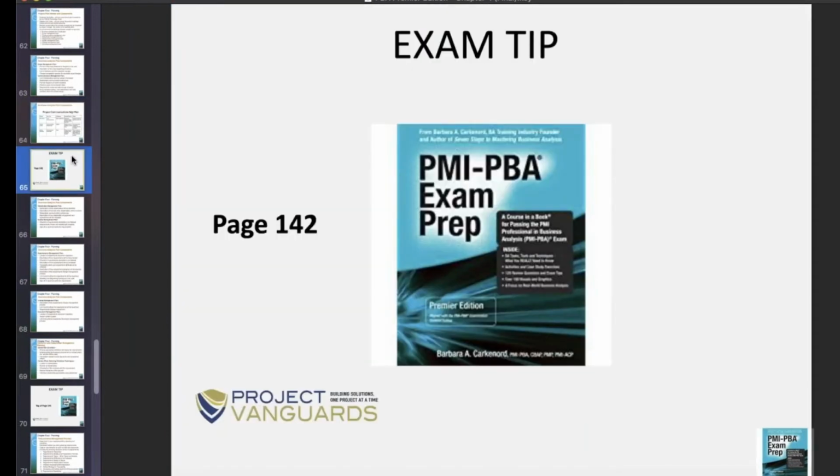So page 142, we have an exam tip close to the top half of the page. If your organization has standard templates or formats for plans or requirements, you should use them. PMI refers to these as organizational process assets, or OPAs. Follow your company's procedures and make recommendations to change them when you see areas of improvement.